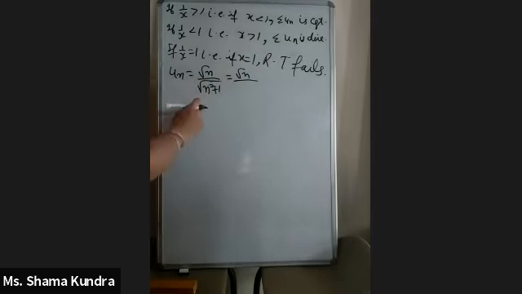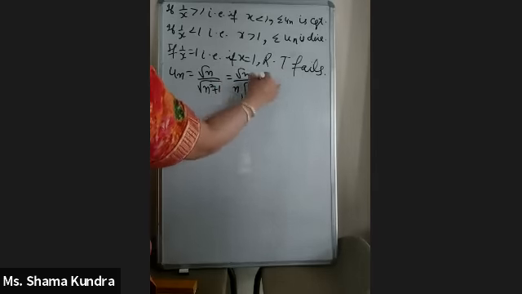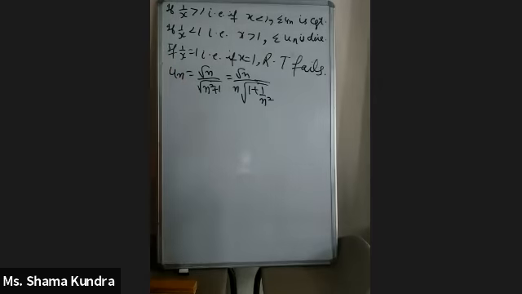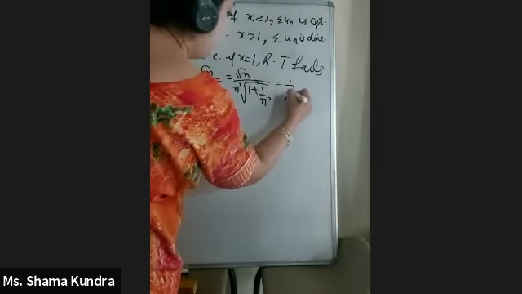Under root of n square, it is n. n to the power 1, n to the power 1 by 2, 1 minus 1 by 2 will become 1 by 2.